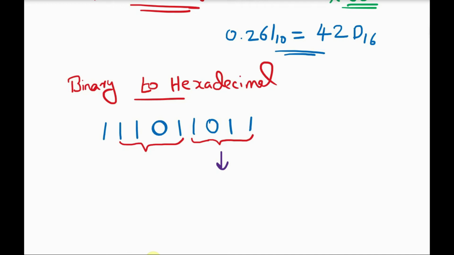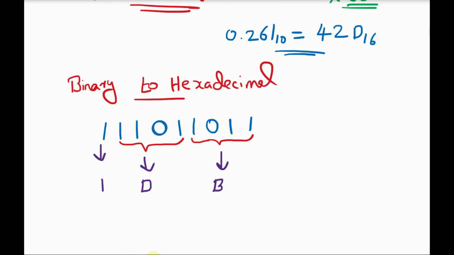In hexadecimal, 11 is B. 1101. 1101 is 13. In hexadecimal, it is D. And finally 1.